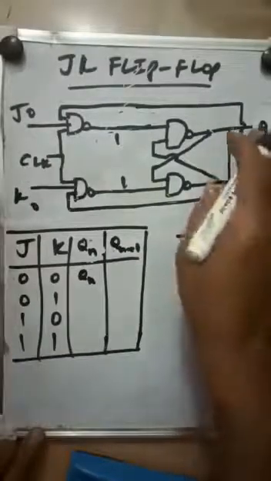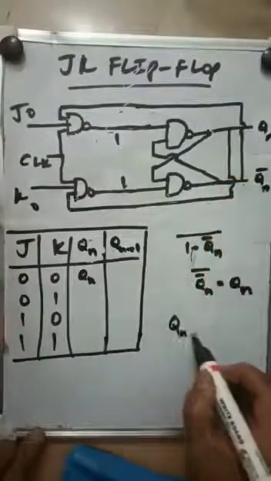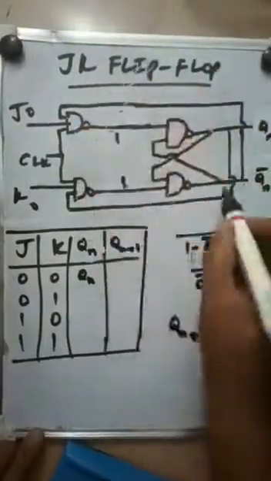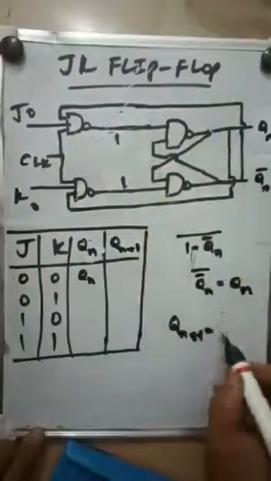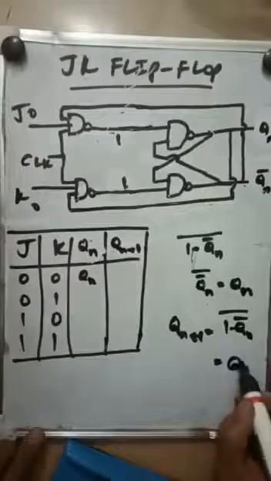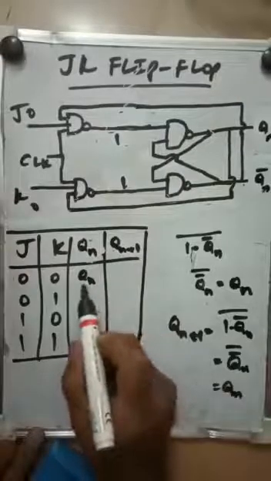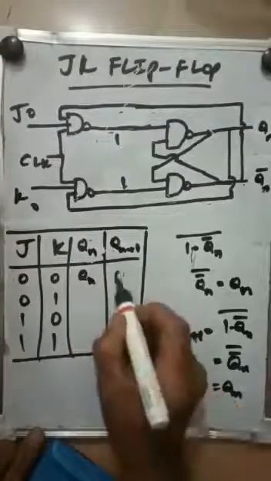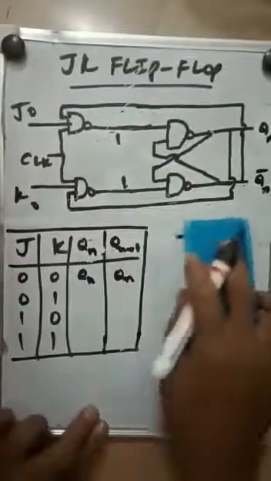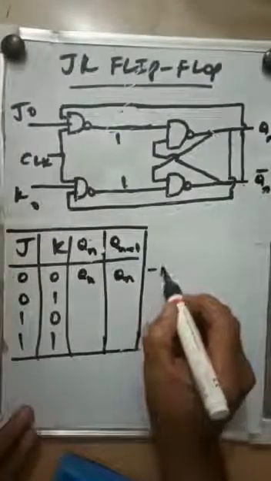So the equation is QN plus 1, the next state, equals 1 dot QN bar whole bar, which is QN bar whole bar, that is QN. So if the present state is QN and QN plus 1 is also QN, it is the same state. That is called the memory state.